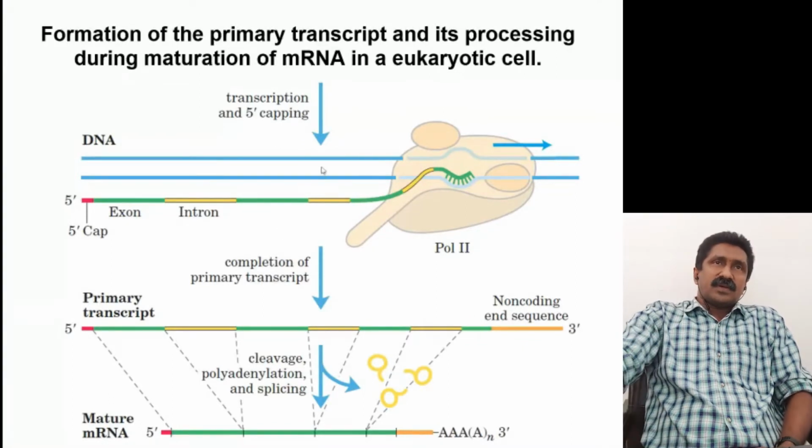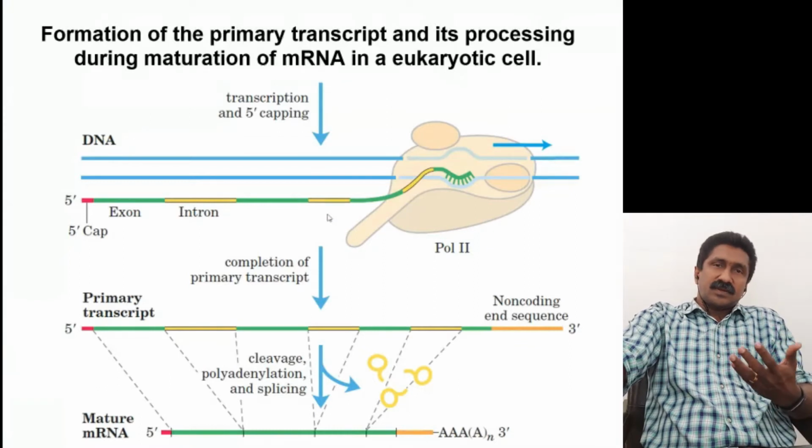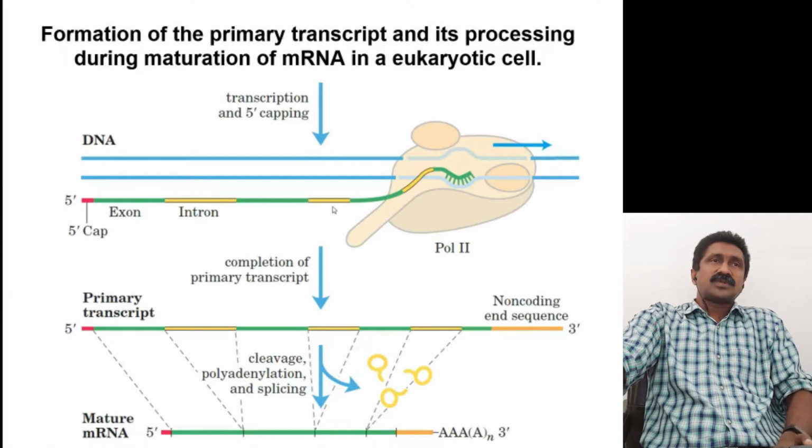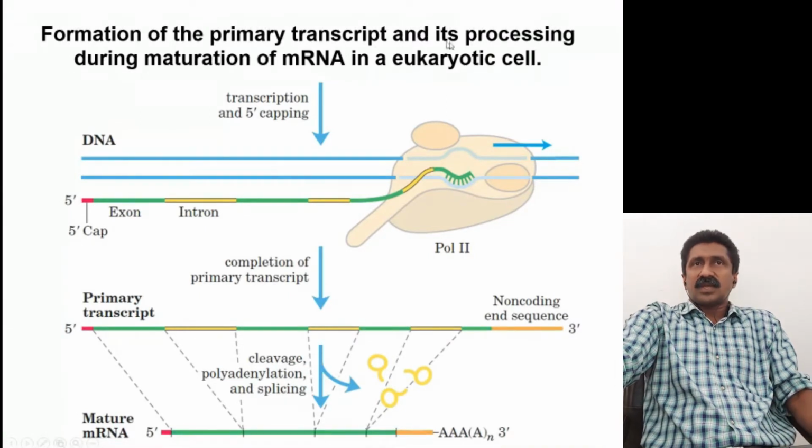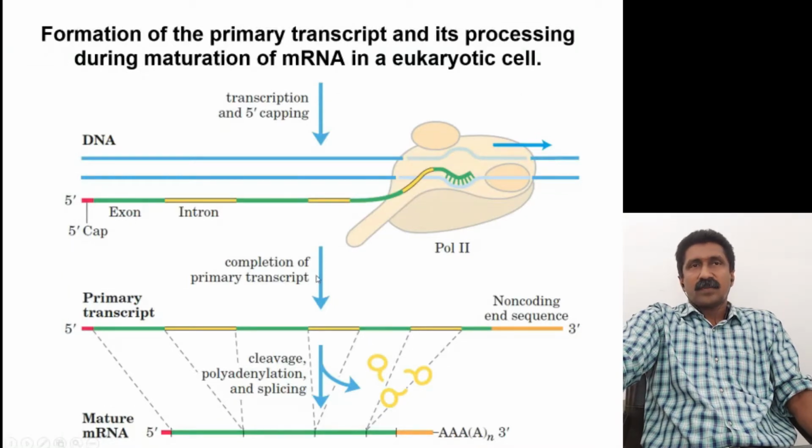So in the case of a primary transcript of a transcription process, here we have the two blue strands of the DNA, which is the double helical DNA that is shown here. And this is the formation of a primary transcript and its processing during maturation of mRNA in a typical eukaryotic cell, that is shown here.